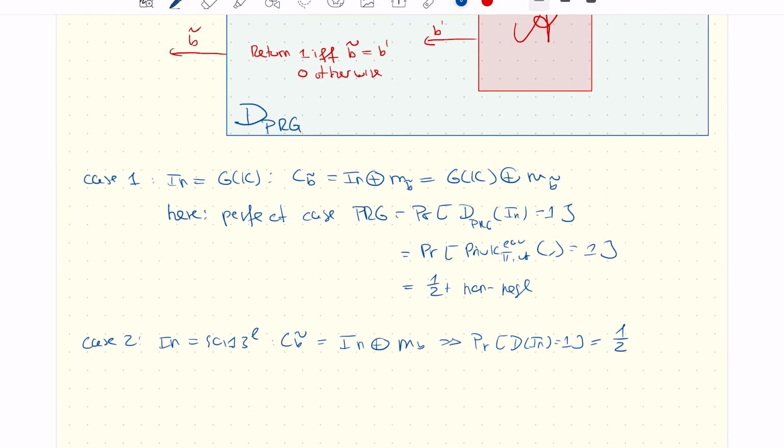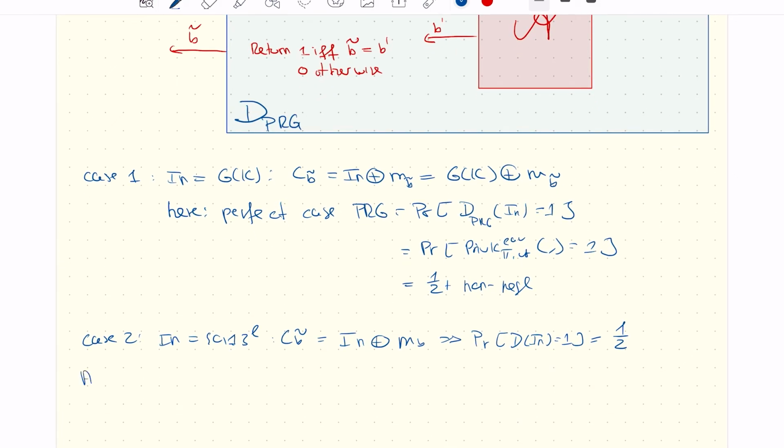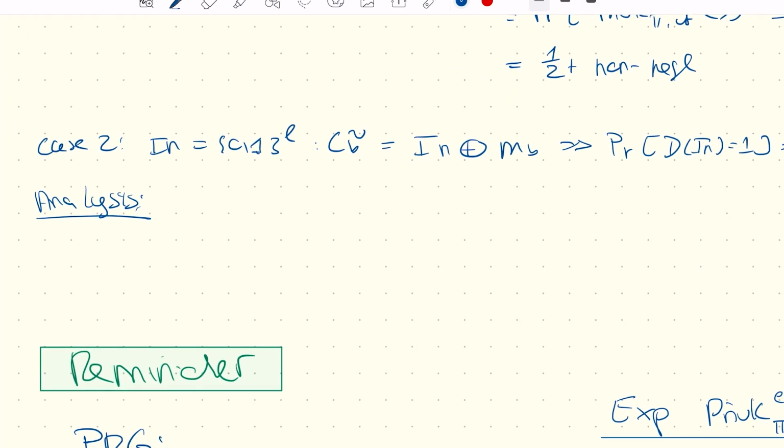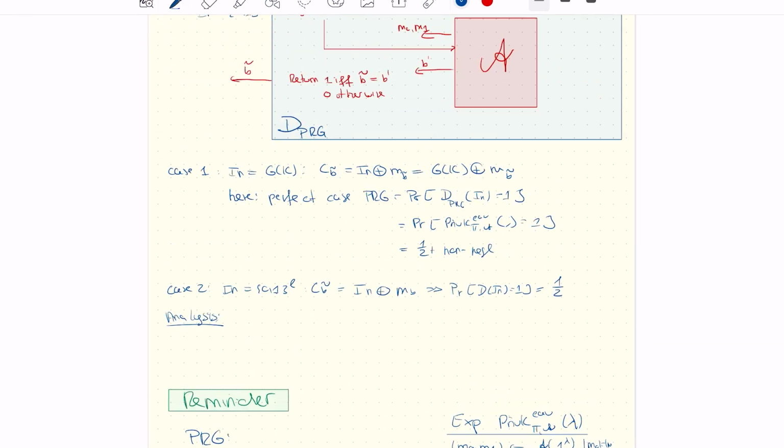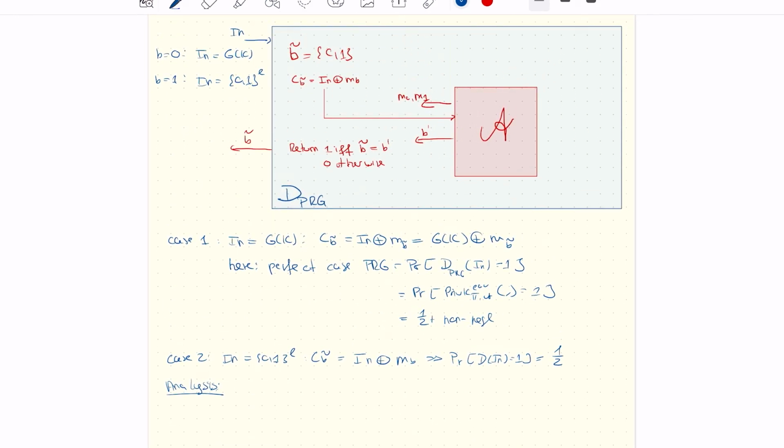And this brings us to the final analysis. So in the analysis of the security proof, what we need to do is understand how well our adversary is actually working. How well is our reduction, the adversary that we are building against the underlying primitive, actually working.